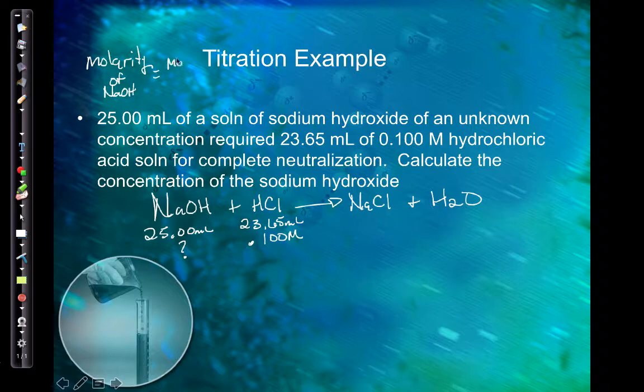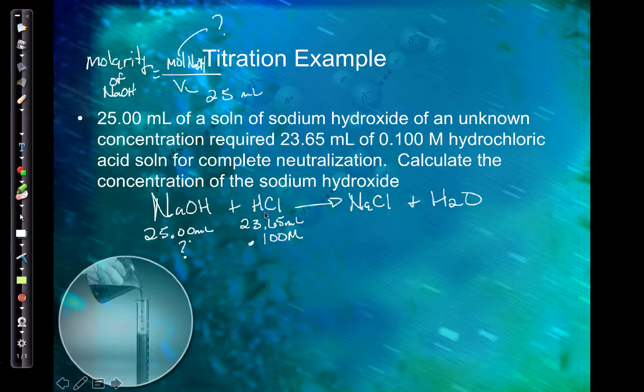I need the moles of the sodium hydroxide, and I also need the volume. Well, I have the volume, that's 25 milliliters. I do not have the moles, but I can figure out how many moles of HCl reacted with that. So I'm going to use my HCl to figure out how many moles of sodium hydroxide reacted.